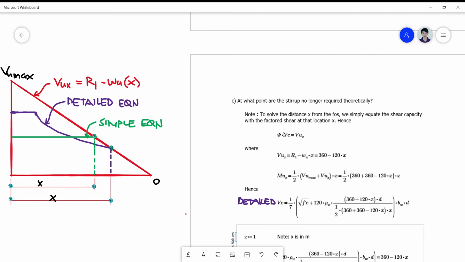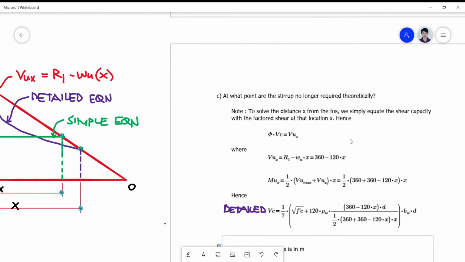So for letter C, this point X represents the intersection at which the detailed equation and the factored shear equation meet. It is the point beyond which the stirrups are no longer required.